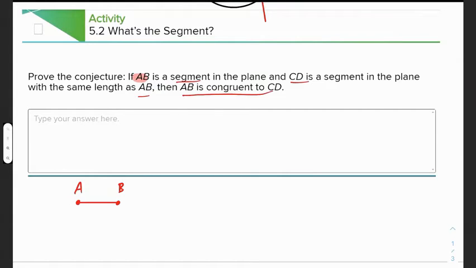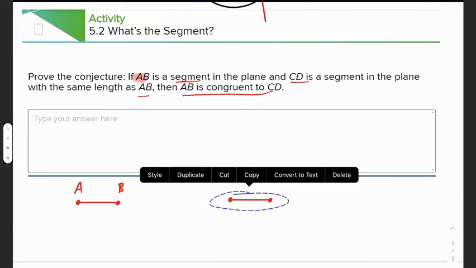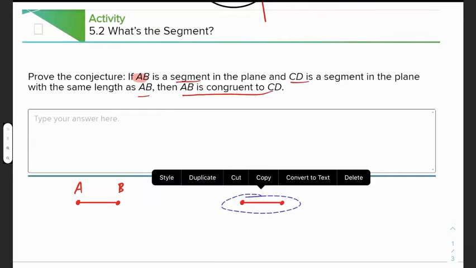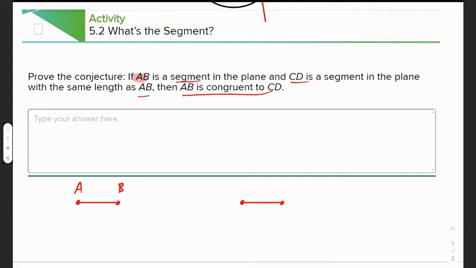Let's take a look at that. The same length, then they have to be congruent. Let's label it CD. I know for sure these are the same length because I did a good old-fashioned copy and paste. But that can't be my answer.